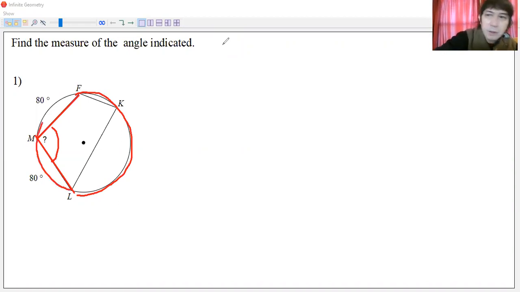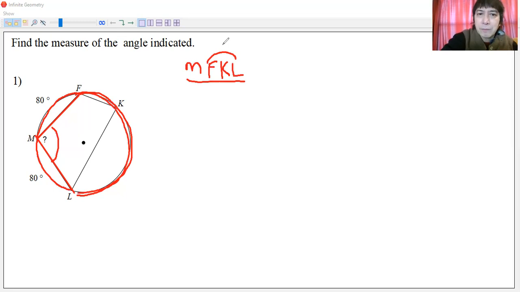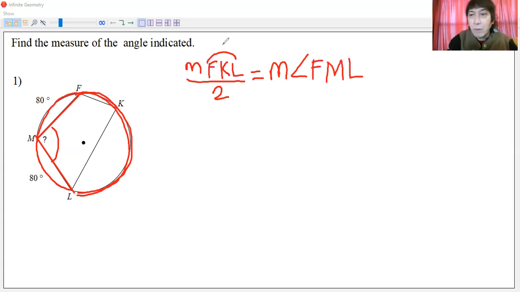And so we have here 80, and we have 80, and then if we go around that arc, we have one full circle. So to get the arc FKL, which we need, the measure of the arc FKL, one half of that, if we divide that by 2, gives us the measure of the inscribed angle FML, which is the one with a question mark.